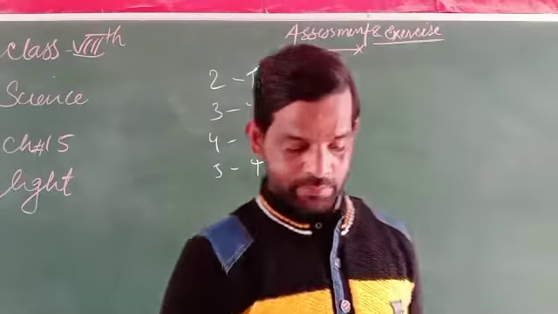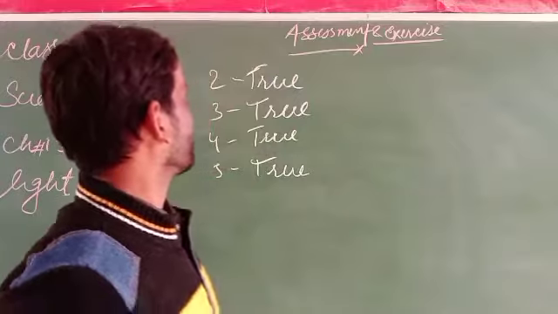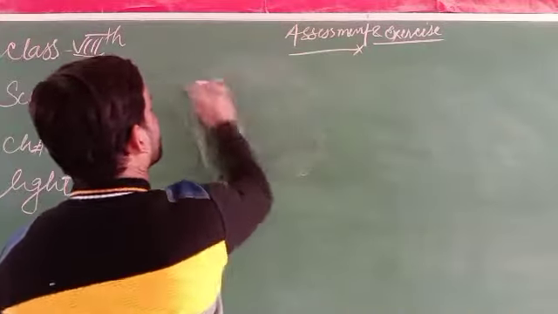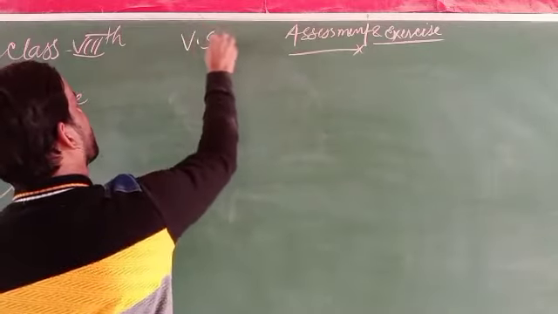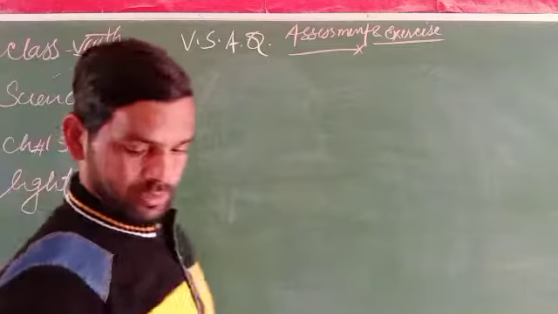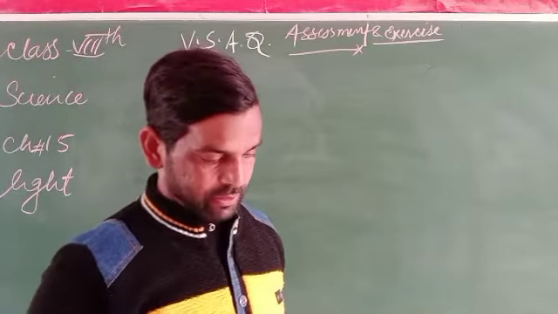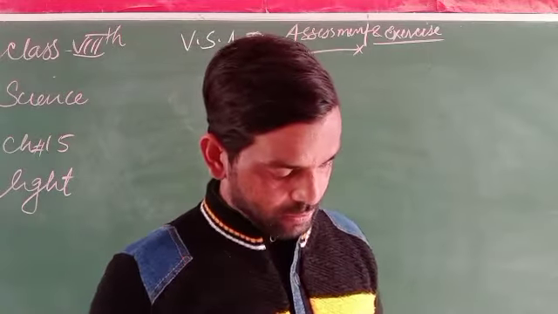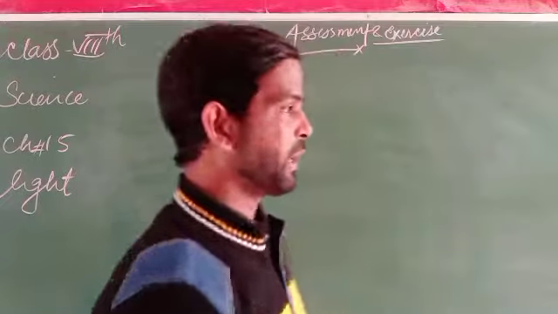Next is question number 2 B, very short answer questions. First one is given as: what is the range of vision of a normal human eye?